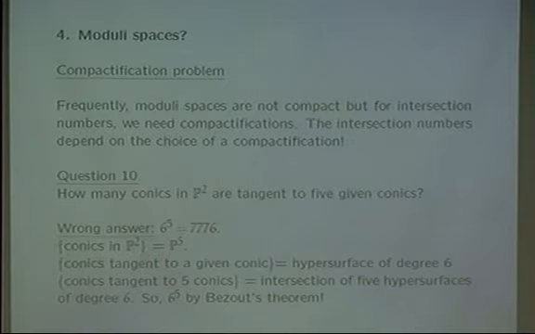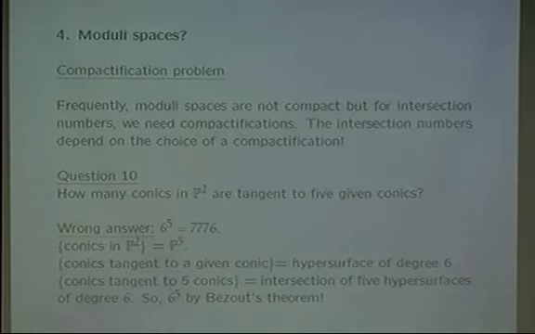Then he thought about the one condition, tangent to one given conic. That gives us a hypersurface of degree 6. So the set of conics tangent to 5 given conics should be an intersection of 5 hypersurfaces of degree 6. Now he applied Bezout's theorem, so the answer must be 6^5. What's wrong with this solution?